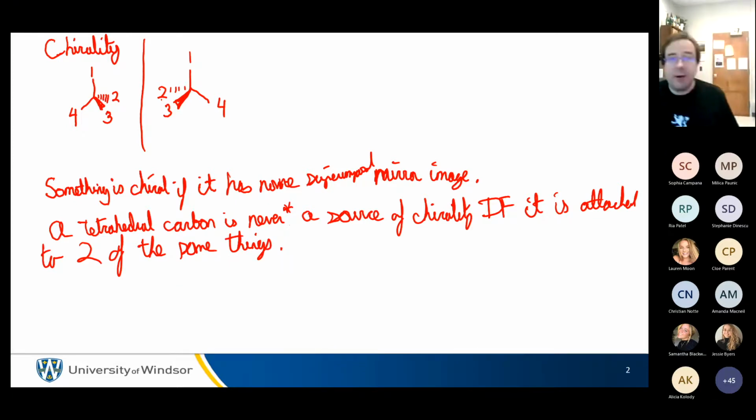A tetrahedral carbon is never a source of chirality if it is attached to two of the same things. Okay, I'm being very careful there. A carbon is never chiral.